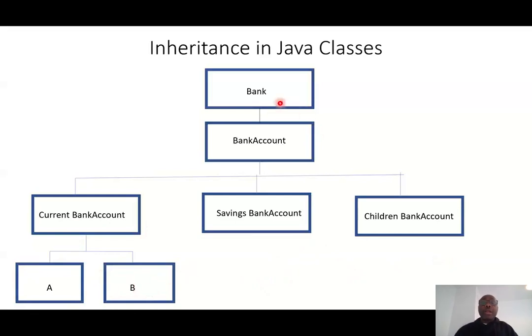So if we are going to look at inheritance as it is, we will say that bank is the superclass of bank account, and bank account is the subclass of bank. In Java, if you want to describe this, you will say bank account extends bank.